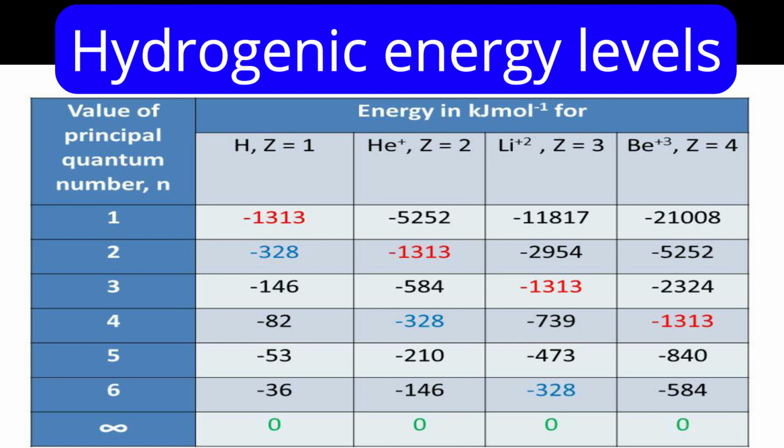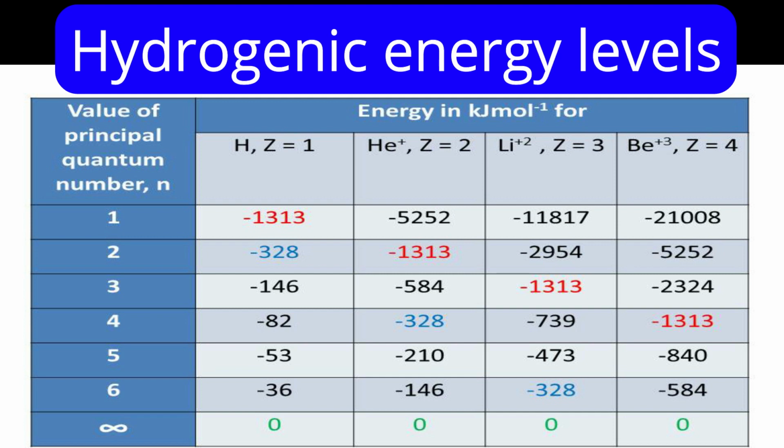With reference to that, see the sixth shell of hydrogen. It is just minus 36 kilojoule per mole, lower in energy. For helium plus, it is minus 146 kilojoule per mole. For lithium plus 2, minus 328 kilojoule per mole. And for beryllium plus 3, minus 584 kilojoule per mole.